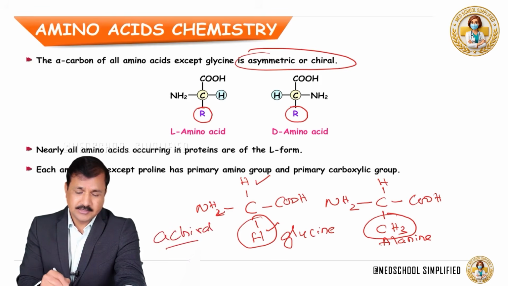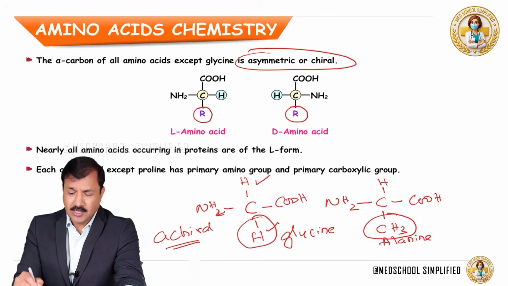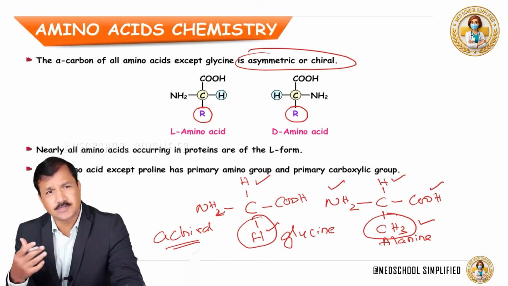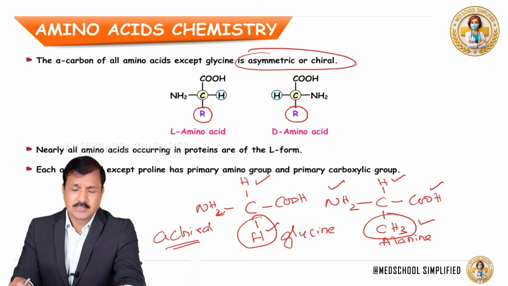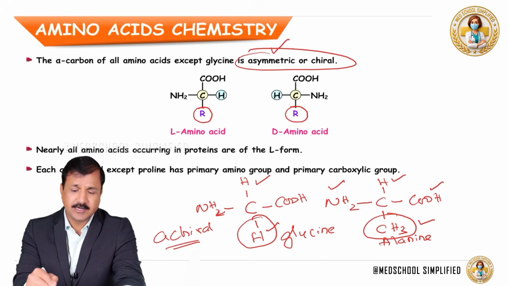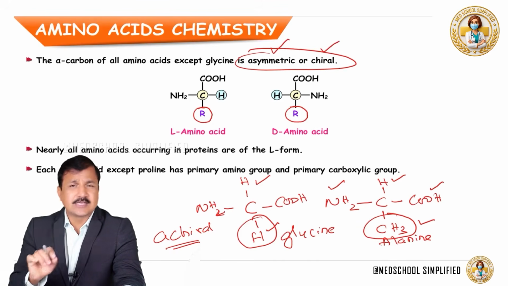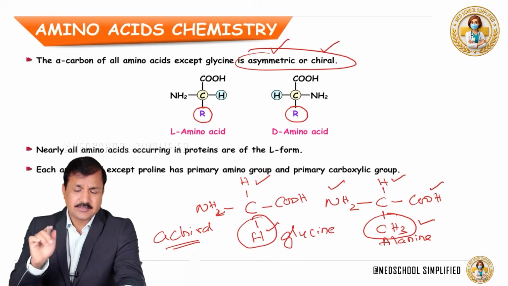That means it is symmetrical. Whereas in alanine, the R group is different. Then we have H, then the carboxyl group and the amino group. So 4 different groups are attached to the alpha carbon. For this type of amino acid, the alpha carbon is an asymmetric or chiral carbon. Remember that. So out of 20 standard amino acids, 19 of them have such an arrangement.